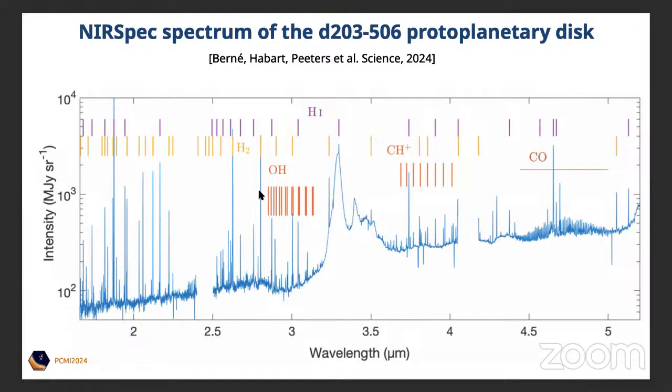You have OH emissions, CH+, CO as well, a lot of molecular hydrogen in yellow, and a lot of H I as well. Here I will only present the first results from this very rich spectrum, using the molecular hydrogen in order to get the physical impact of UV radiation on photoevaporation.